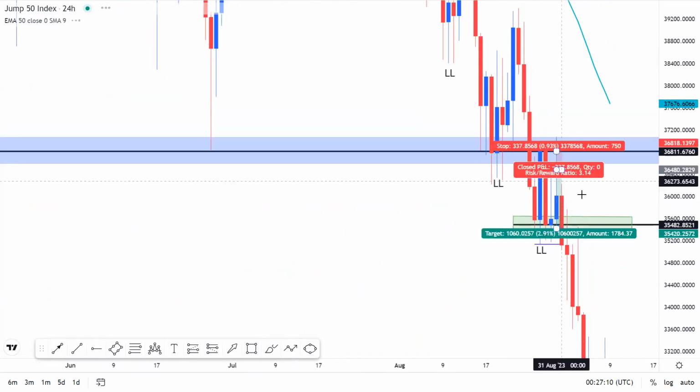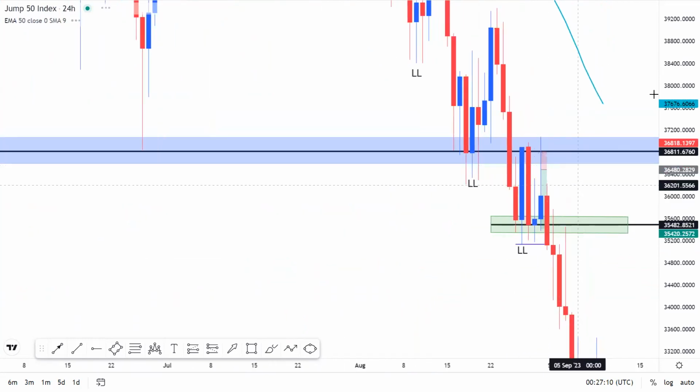Yeah, and this was the first sell trade entry.